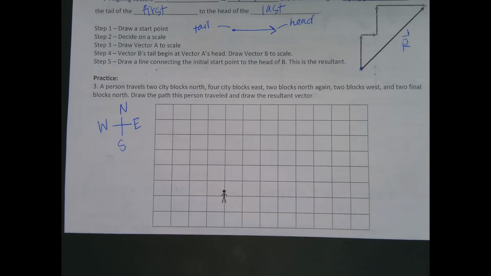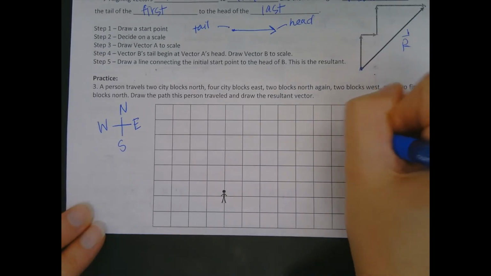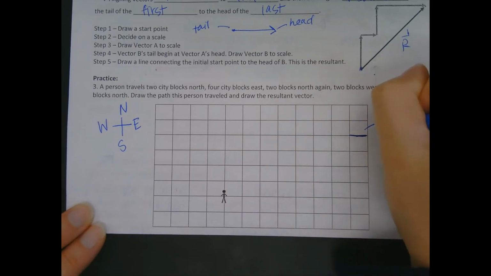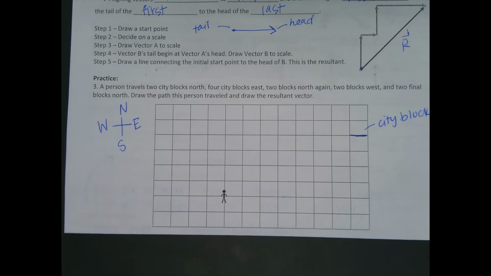The next thing is I need a scale. If I'm talking about a city block, then wouldn't it make sense that one of these segments represents a city block? Why make it harder on ourselves? So I needed a scale, check. I needed directions, check. Now I'm going to go stepwise, each vector at a time, and draw it in on my paper.